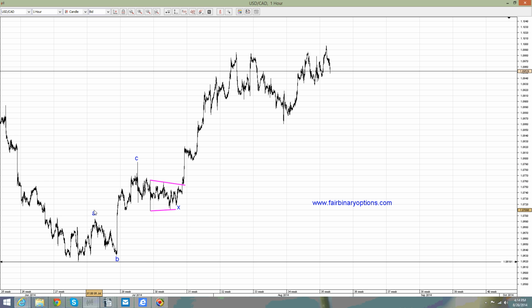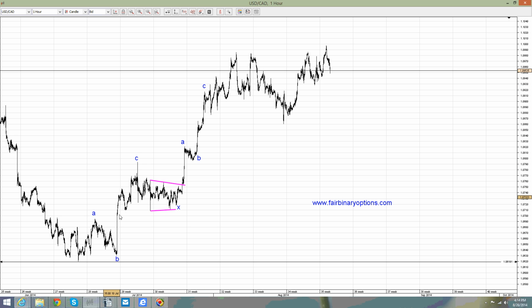Then it is being followed by the second corrective wave, or the second correction, that goes in the form of a zigzag. This would be wave A, and this would be the B wave to the upside, A and B. And then we have the C wave all the way to the upside here, A, B, C, and that would be the zigzag.